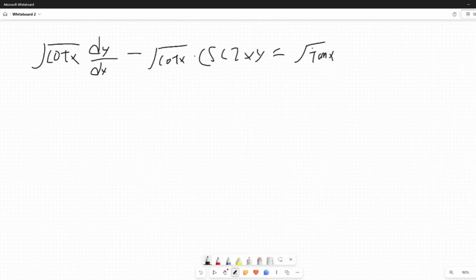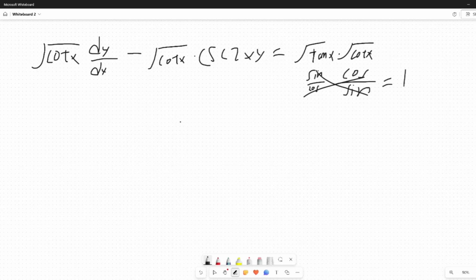Tan x, and this one is cotangent x. Straight out of the bat, when I see tan x and cotangent x multiplied to each other, we know there's 1, because tan x is sine over cosine, while cotangent is cosine over sine. So these two just become 1.